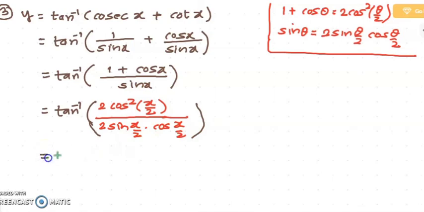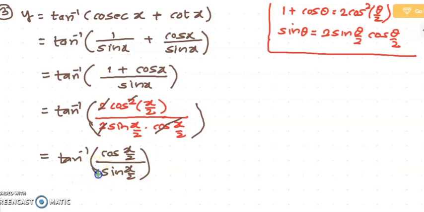Now this is going to be equal to tan inverse of, the 2 is cancelled with the 2. Cos square x by 2 means cos x by 2 into cos x by 2. One of them is cancelled. One remains, so it is cos x by 2 in the numerator, divided by the denominator sin x by 2. This is tan inverse of what? Cos x by 2 upon sin x by 2 is cot x by 2.